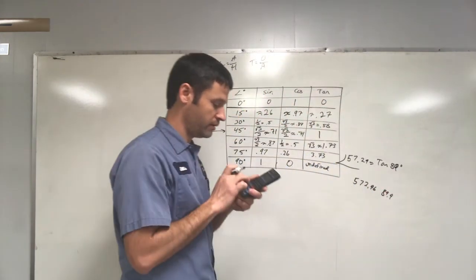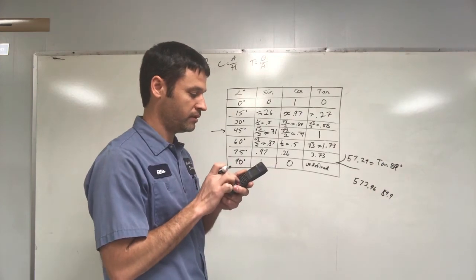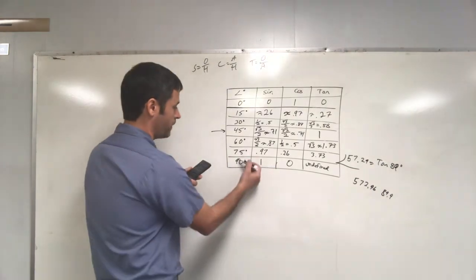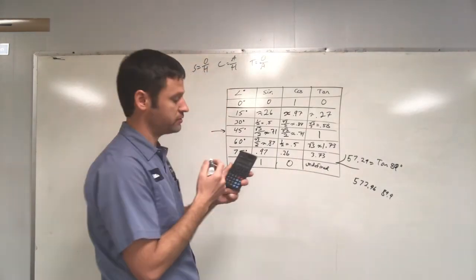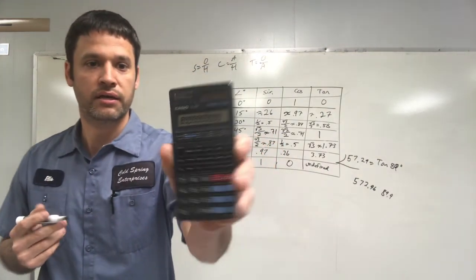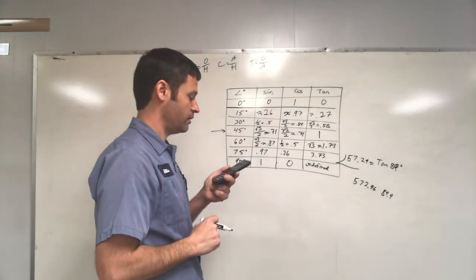Now take your calculator and enter 89.999999. We're going to make an angle that's as close to 90 as we can get. We don't know what 90 is, but let's get as close as we can with our calculators. Put the tangent in there, and what do you get?